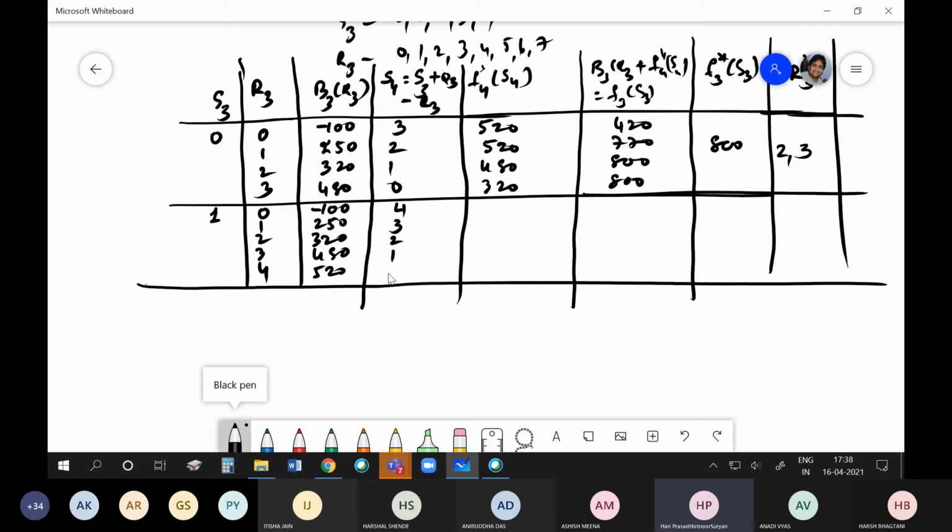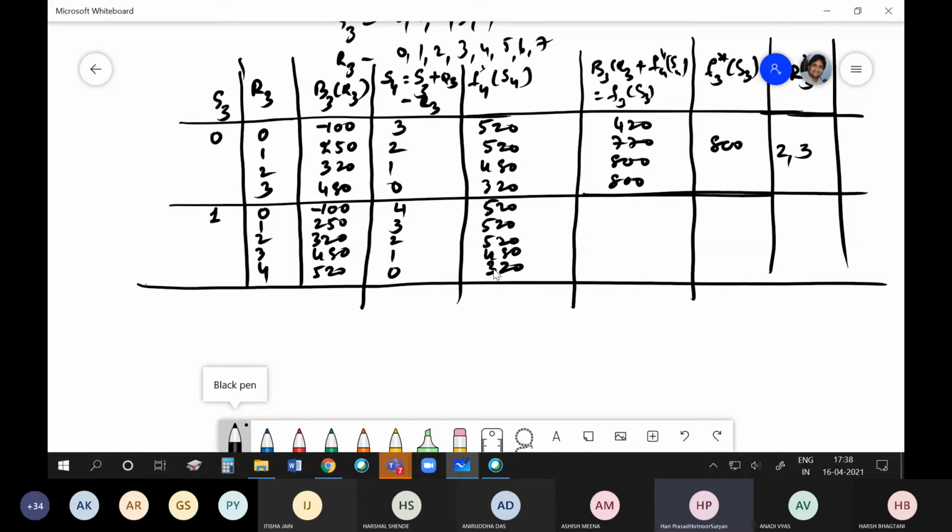Isn't it? So for this 4, again you have to go there in the S4 table. I'm just writing it so you can do it. 520, 520, 520, okay, 480 and 320.